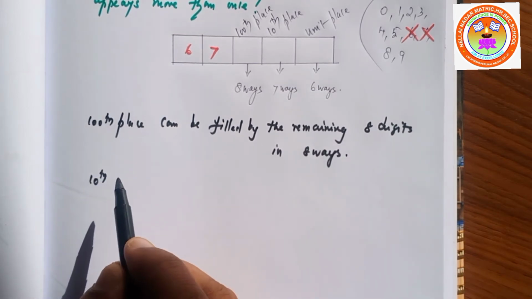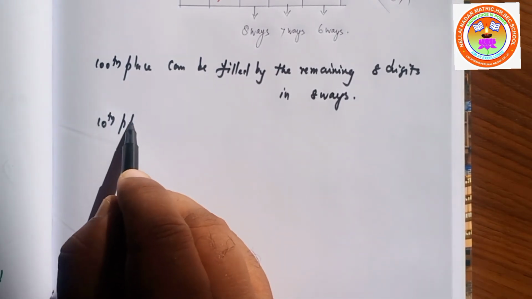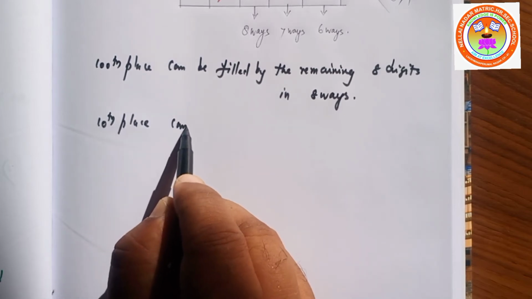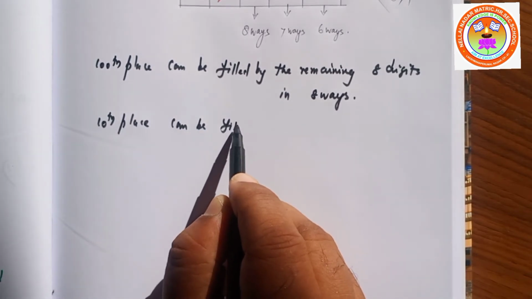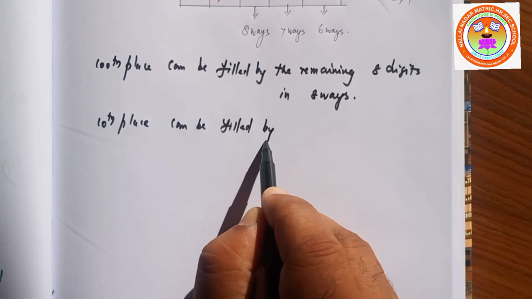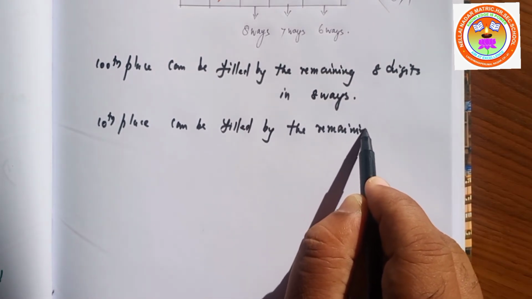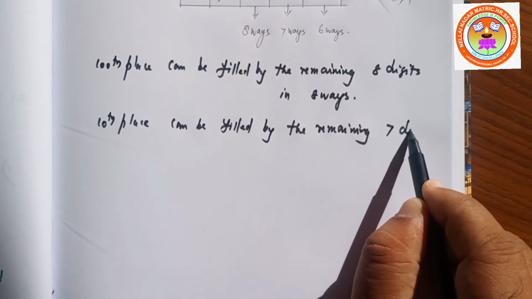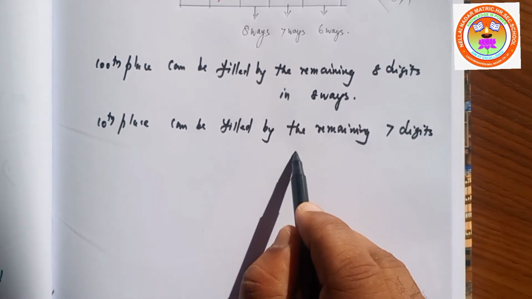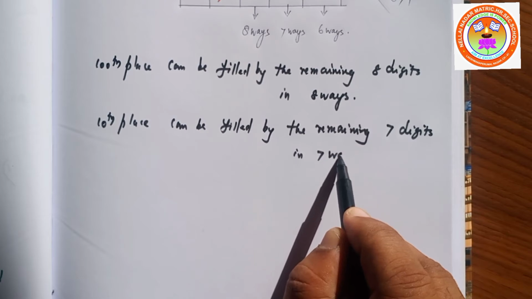10th place can be filled by the remaining 7 digits in 7 ways.